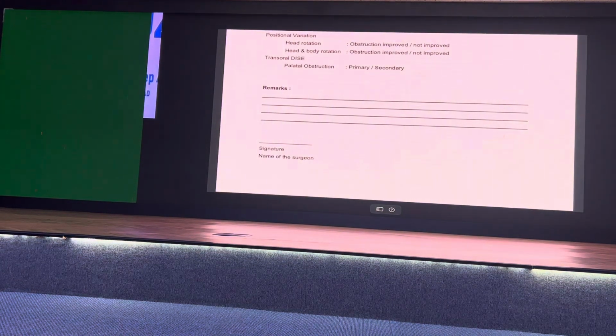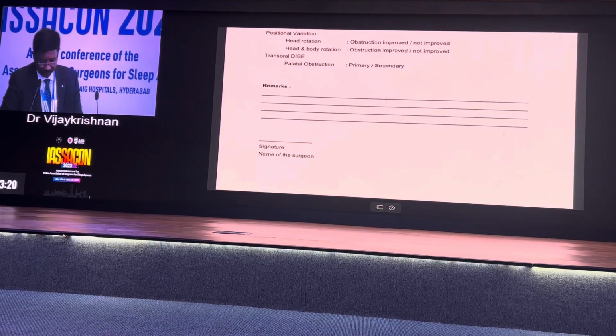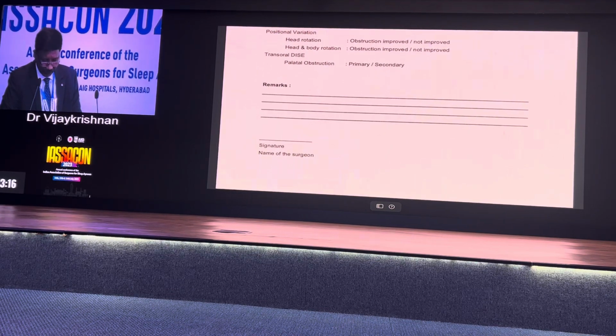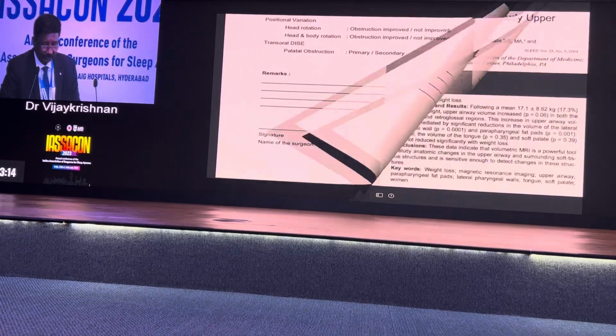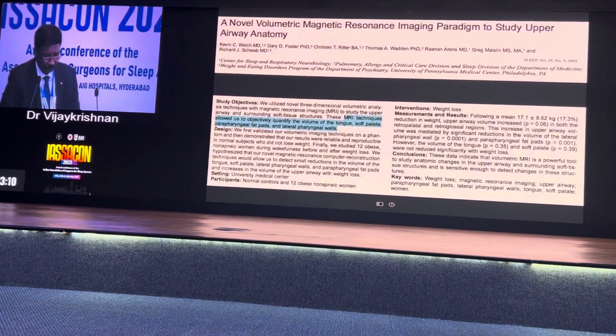So as he rightly said, this is not a simple classification system; a simple one will not tell us clearly what is happening inside the patient. This kind of detailed report will tell you what is actually happening and how we can decide what surgical management we can give to the patient.